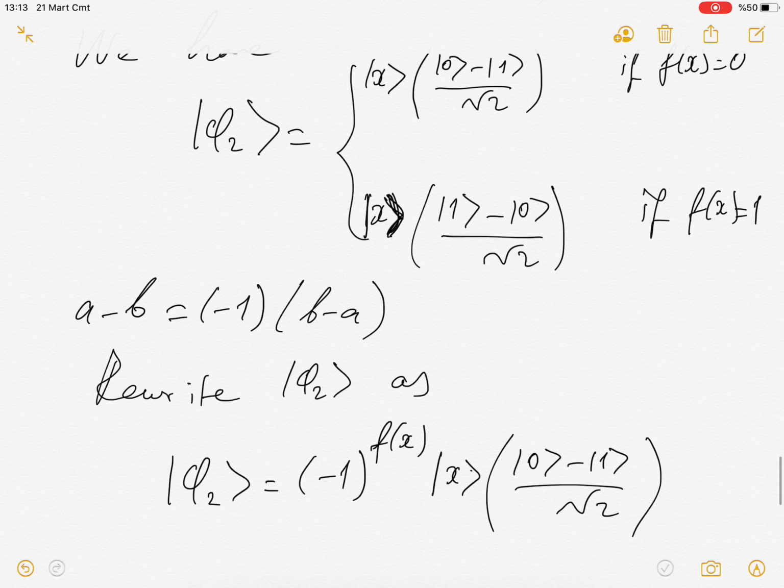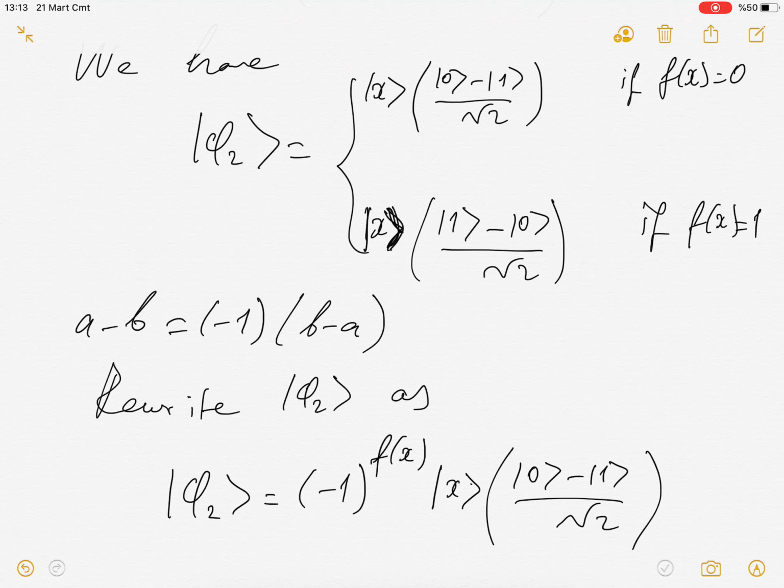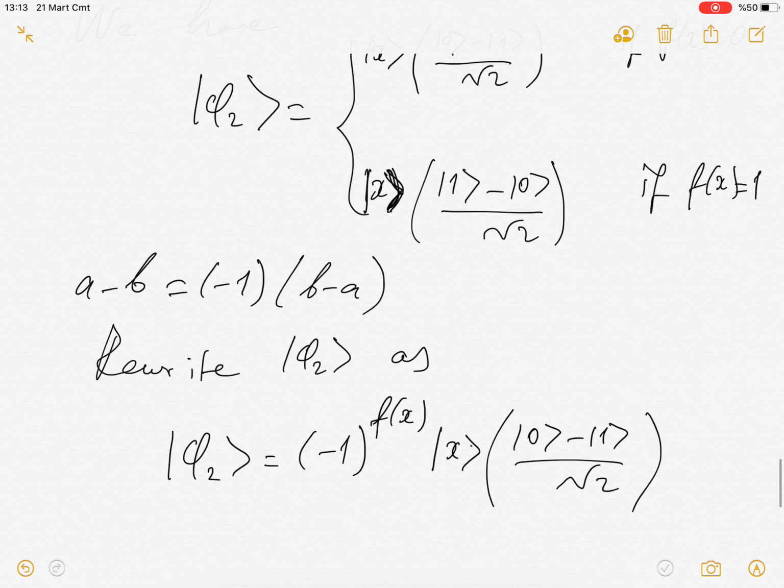So if f of x is 0, this will be plus 1 times this superposition. But if f of x is 1, then we have a minus 1 factor, minus 1 amplitude, and the order will be changed in the second qubit.